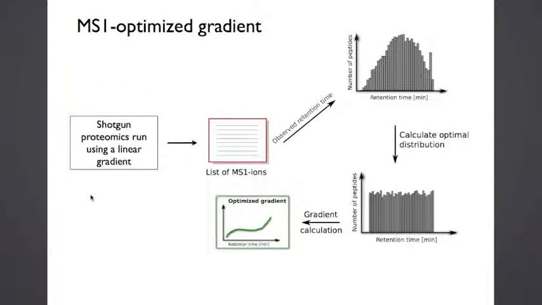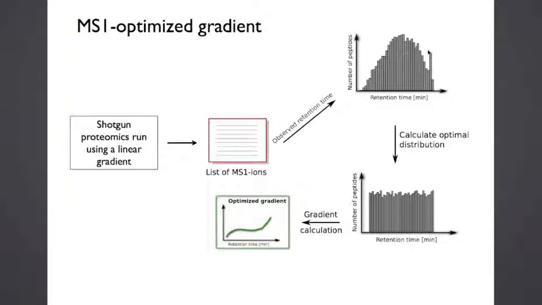In a typical shotgun proteomics run, we extract all the MS1 ions or MS1 features that are above a certain intensity threshold, and we look at the distribution of these features across the retention time. We most probably will get this kind of skewed distribution with fewer peptides in the beginning and more peptides observed in the middle of the run.